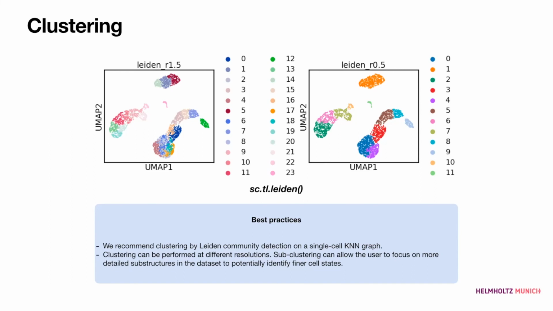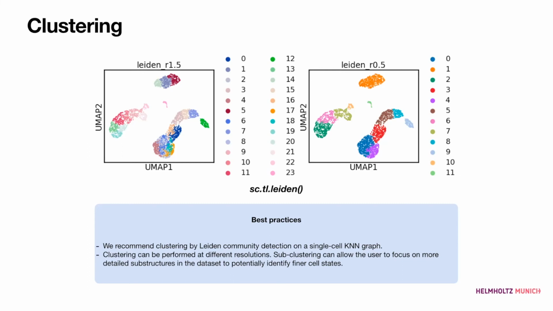Essentially we can do the clustering at different resolutions, and you could subcluster to get a better handle on smaller subpopulations that you're really interested in figuring out. Unfortunately, there is no automated one-size-fits-all solution for this.